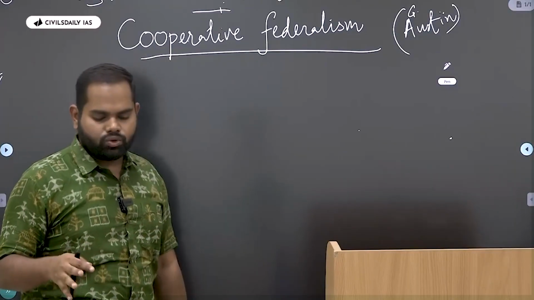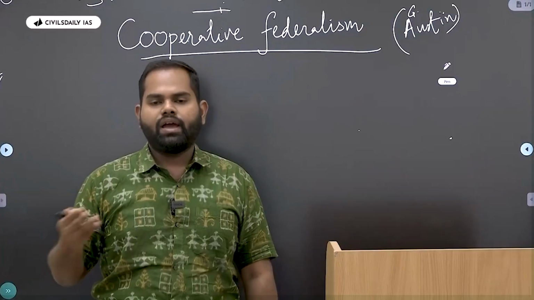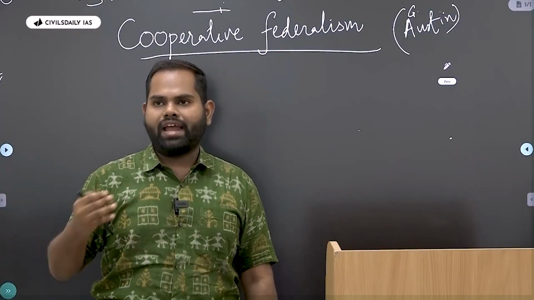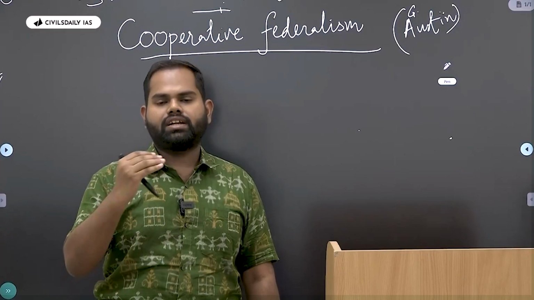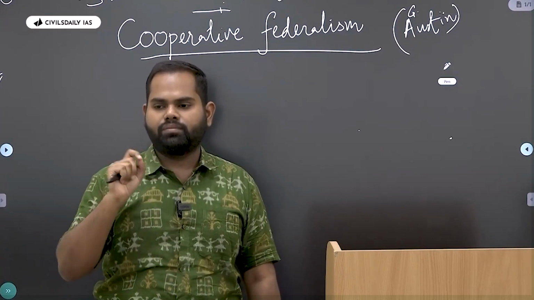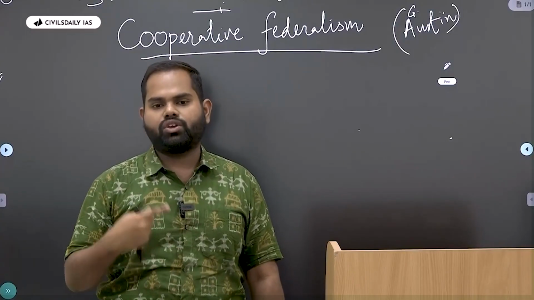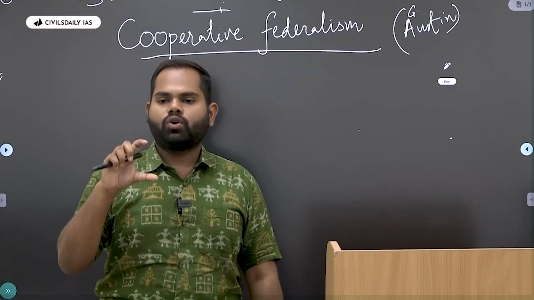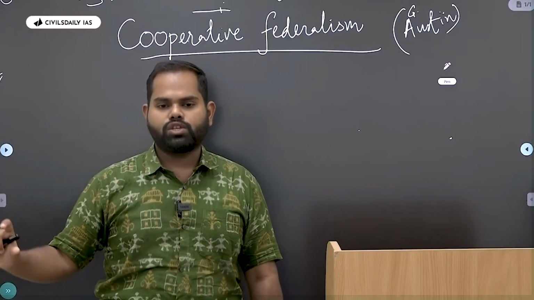Because we always tend to understand cooperative federalism by what elements make it, but we do not go beyond and analyze in contemporary times how it is manifested with various examples. So keep this in mind and have some ready-made examples in terms of federalism to make your answer richer: where cooperative federalism has helped, in which cases, and which laws were involved.